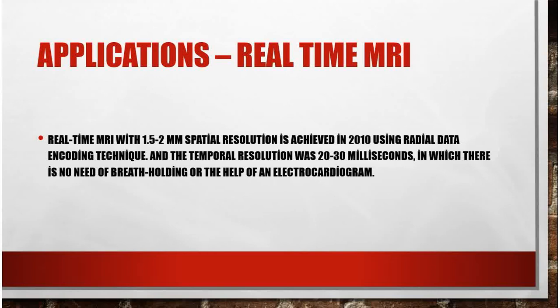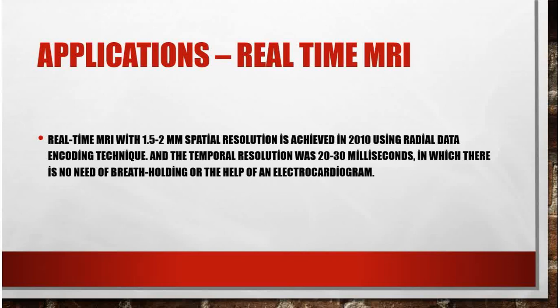And what I like most among these applications is real-time MRI. So in 2010, a real-time MRI with 1.5 to 2 millimeters spatial resolution was achieved, using a radial data encoding technique, and the temporal resolution was 20 to 30 milliseconds.